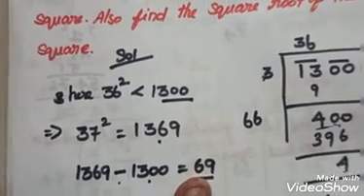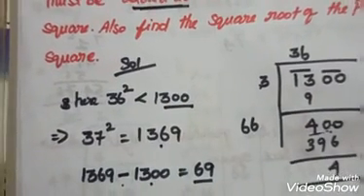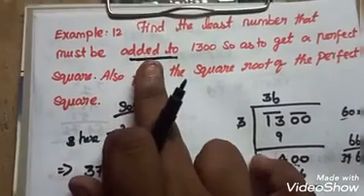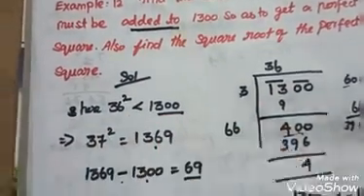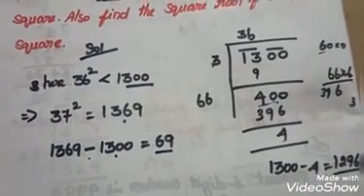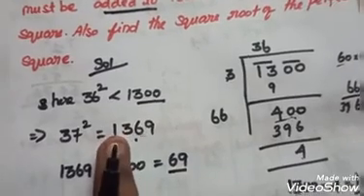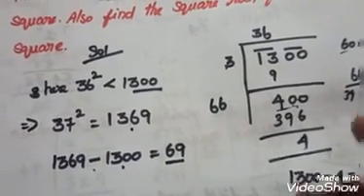If you add this 69 to 1300, you get the perfect square. So that is the number which is added to 1300 to make a perfect square. Here 69 we need to add to 1300. So that's why I have to subtract the smaller square number from the greater square number. You got the difference.